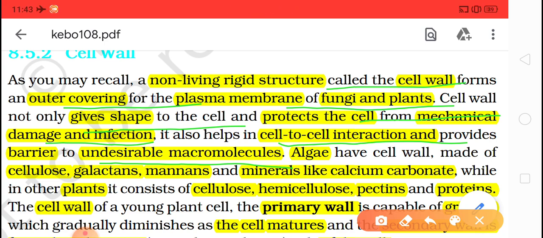Cell wall is the outer covering. In fungi it is made up of chitin, in plants cellulose, in bacteria peptidoglycan. Functions of cell wall: it gives shape to the cell, protects the cell from mechanical damage and infection, helps in cell to cell interaction and provides barriers to undesirable macromolecules. Clear about this, children?